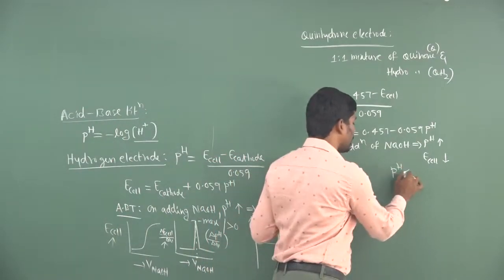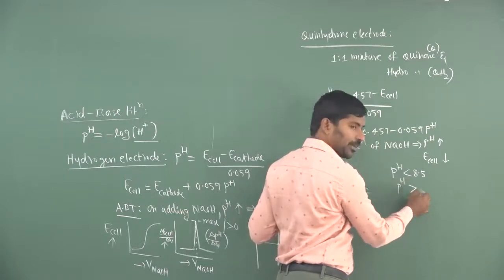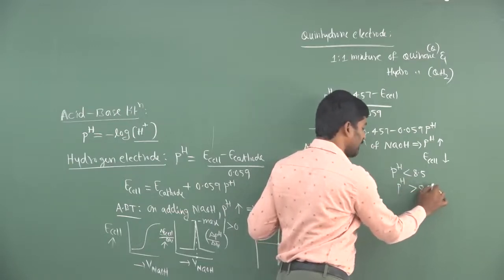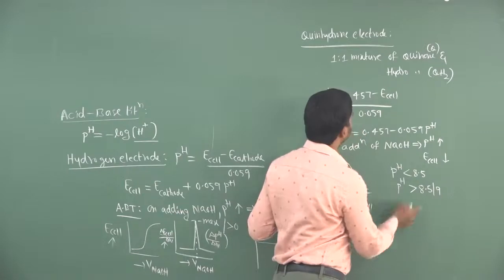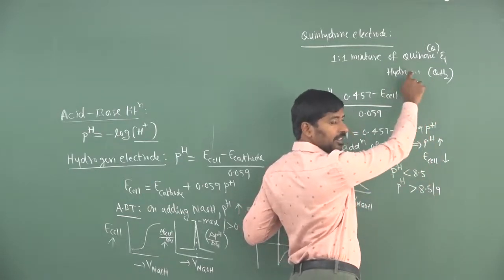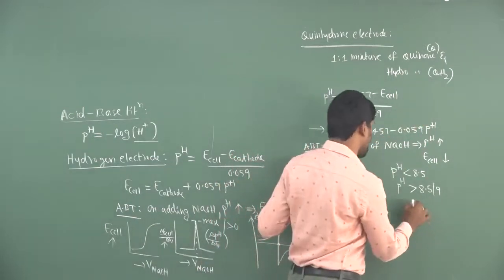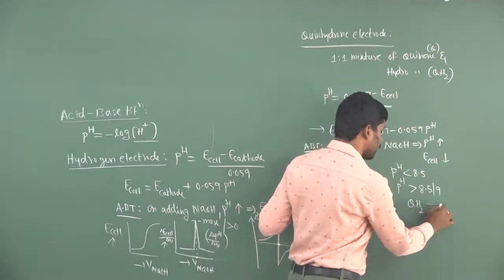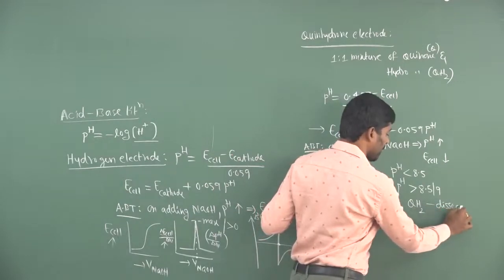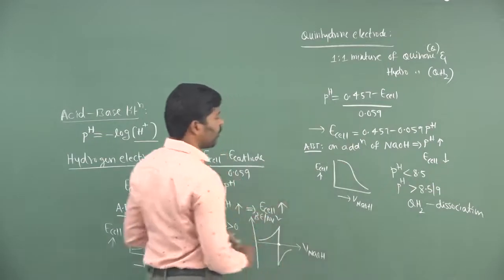Below pH 8.5 it gives good results, but above pH 8.5 or 9, hydroquinone, an example of a weak acid, undergoes dissociation. So it gives good results below 8.5.